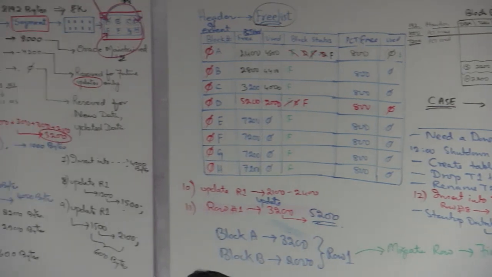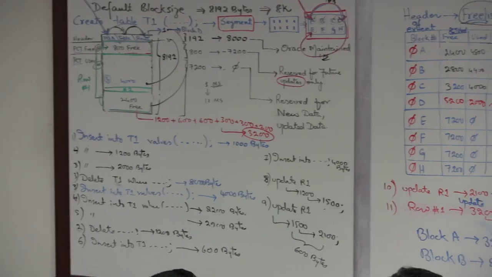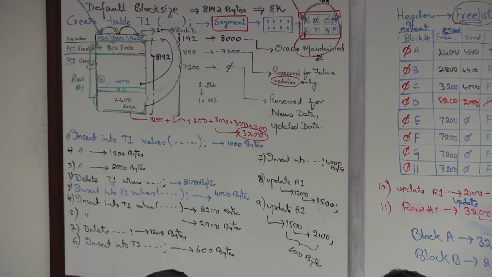So with more updates happening, it is never looking for a new block. It is always constantly cycling in the same block. If it requires more space, it will get that from PCT free. If any row is deleted, it will still delete from the same block instead of row migration.